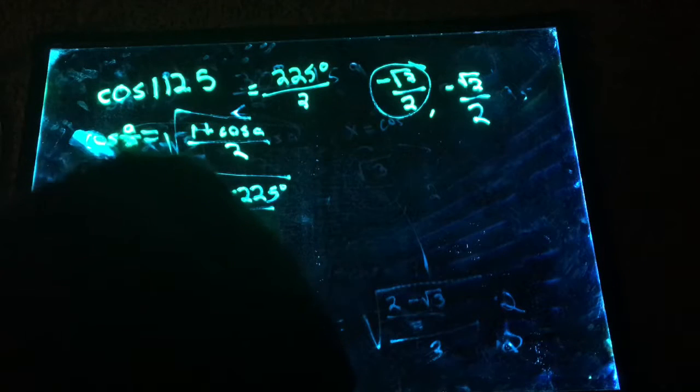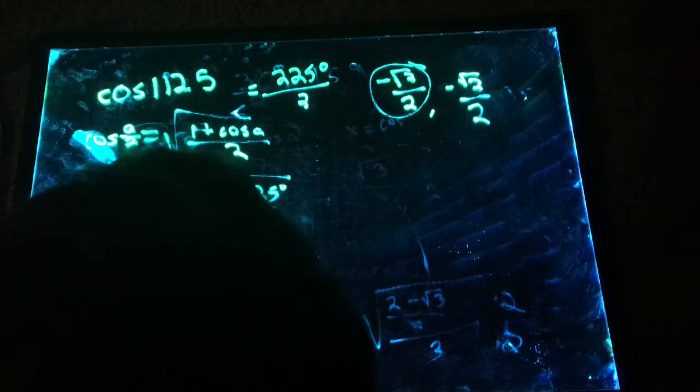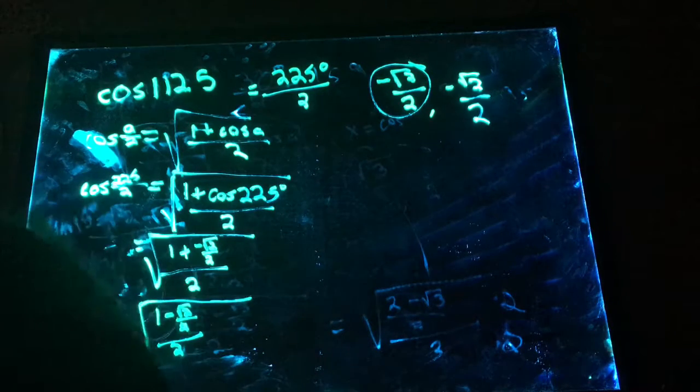It's going to simplify to 1 minus the square root of 2 over 2, over 2.